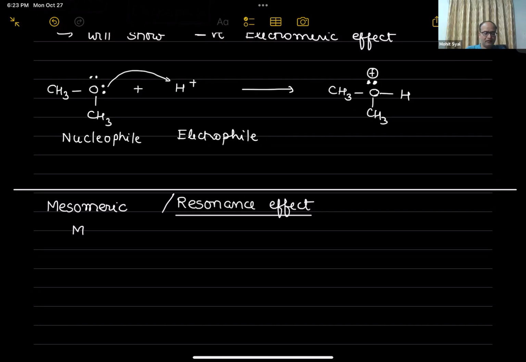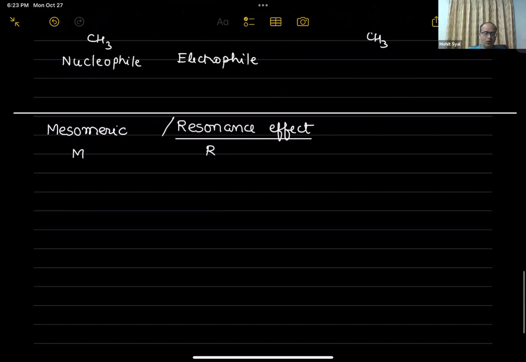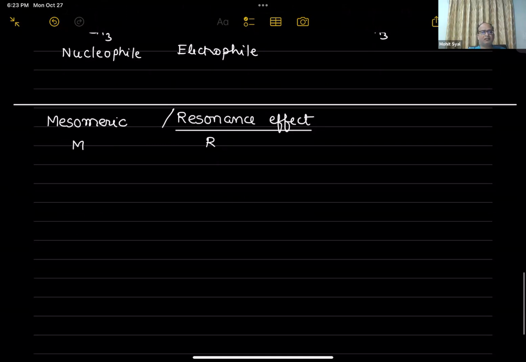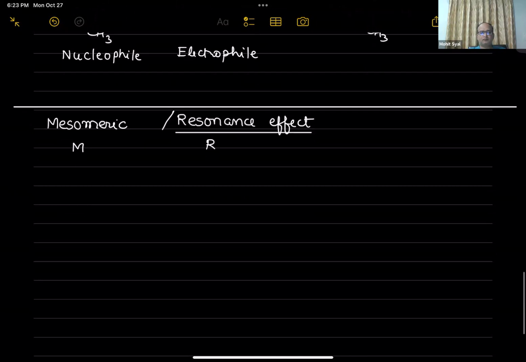This is depicted by a letter M or R. First we need to understand what resonance is and what it means, and then we can discuss its effect, how it affects the displacement of electrons within a molecule. So what is resonance? Maha and Nabila, try to explain it to me in your own words.